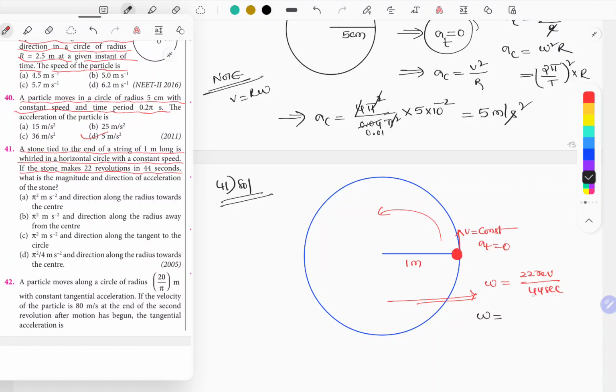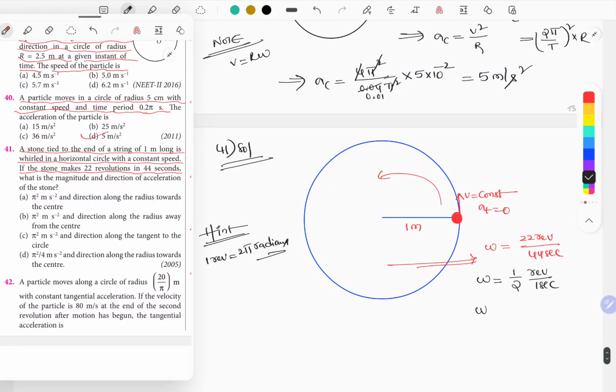So 22 by 44 is going to be 1 by 2 revolution per second. One hint I would like to give: 1 revolution is equal to 2 pi radians. Just remember this. 1 revolution is equal to how many radians?